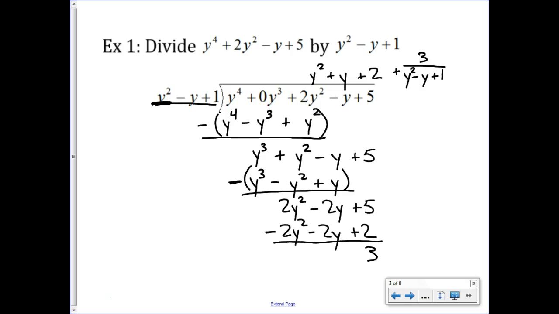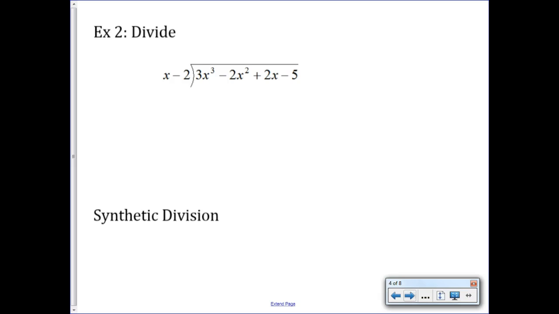So, let's practice another one of these. This time we have x minus 2. So how would I turn x into 3x cubed? Well, I would need to multiply by 3x squared. So I'll put 3x squared up here.